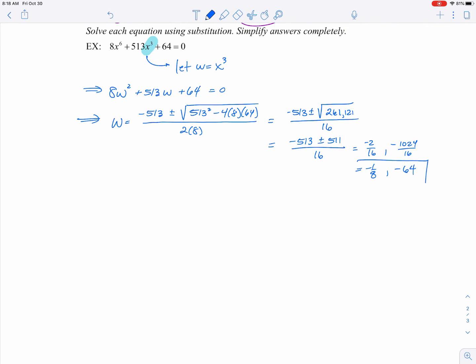Now, those aren't our answers. Those are our w's. So that means either x cubed is equal to negative 1/8 or x cubed is equal to negative 64.